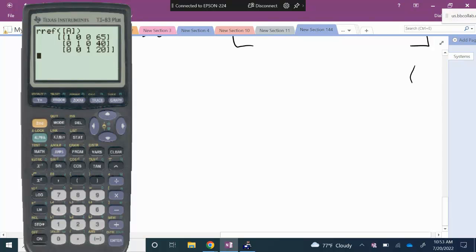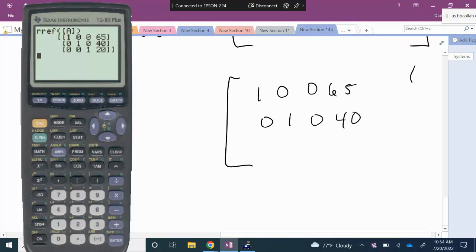All right, and we have the reduced matrix. So we have 1, 0, 0, 65, 0, 1, 0, 40, 0, 0, 1, 20.